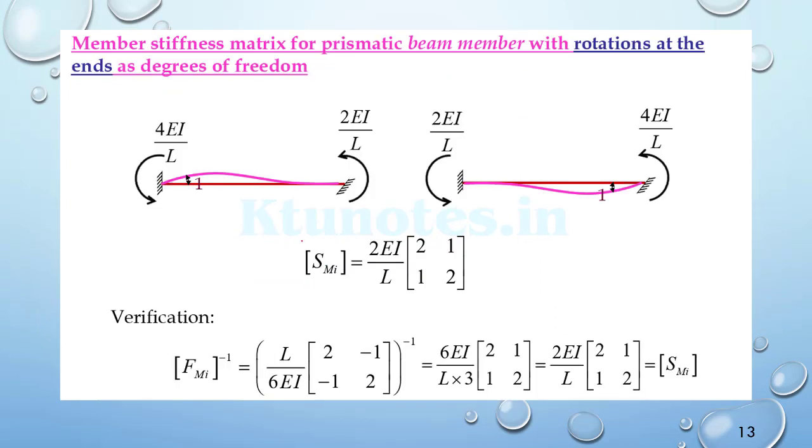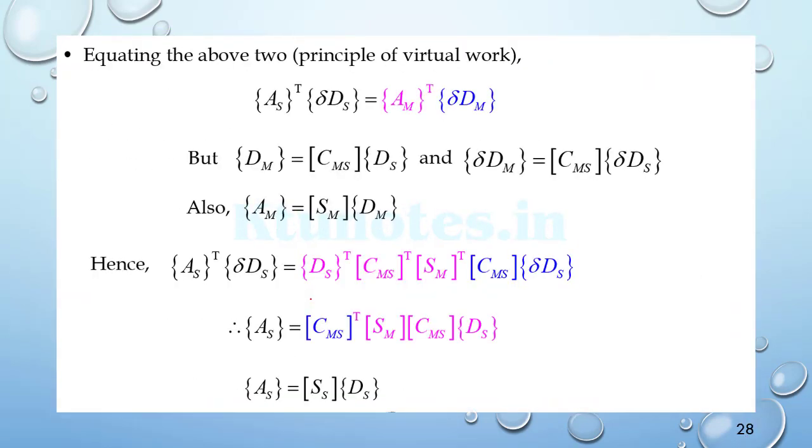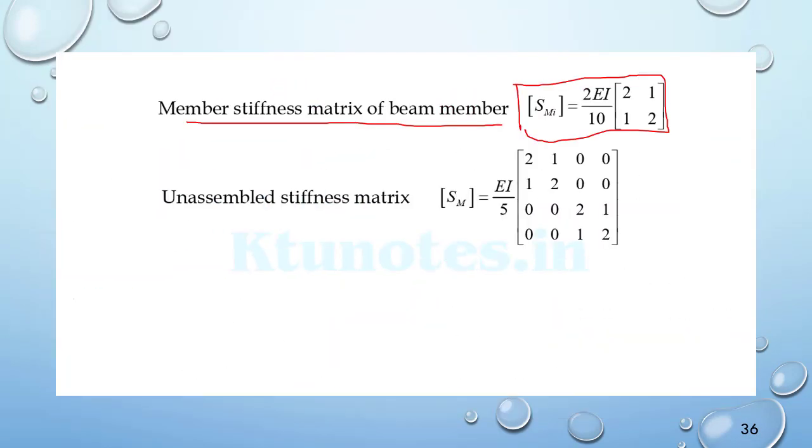Yeah, we have it here. The member stiffness matrix 2EI by L into [2 1; 1 2]. And for the unassembled stiffness matrix, we have two beams AB and BC.